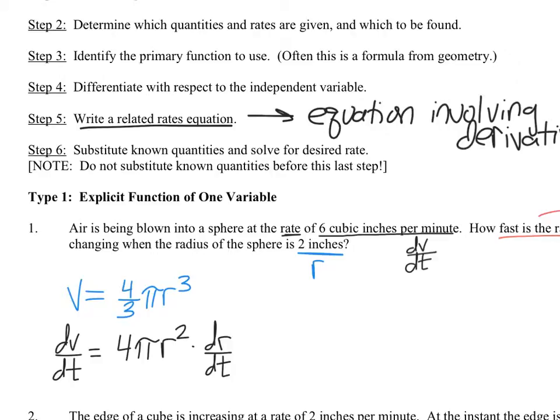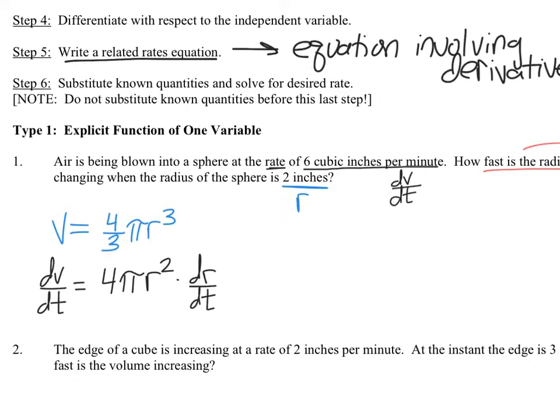So it's 4/3 pi times something cubed. By the chain rule, that becomes 4 pi times that something squared times the derivative of the something. So that's really all we're doing here, is just applying the implicit concept to multiple variables within the same equation.